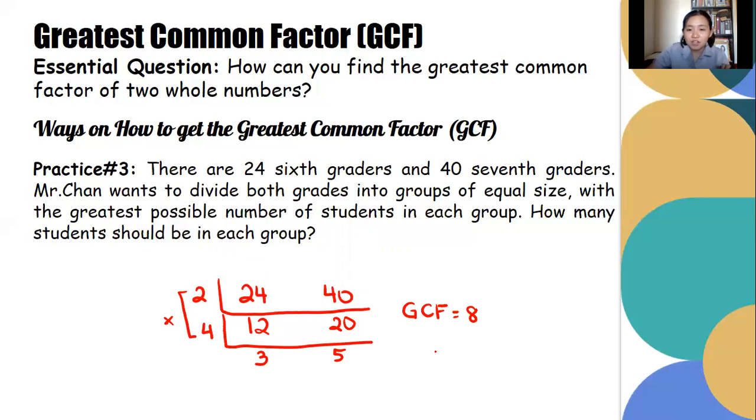The GCF is the number of groups that we can have with regards to the 24 6th graders and 40 7th graders. But then the question here is, what is the greatest possible number of students in each group? It just so happened that this one is the number of the 6th graders in a group, and this is the number of the 7th graders in the group.